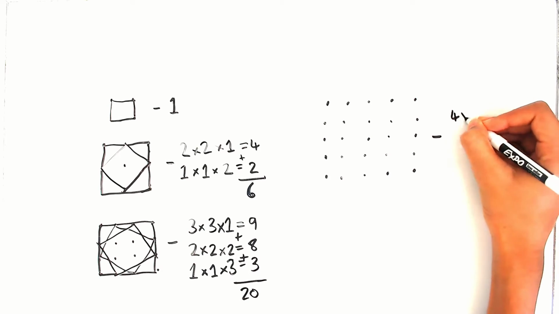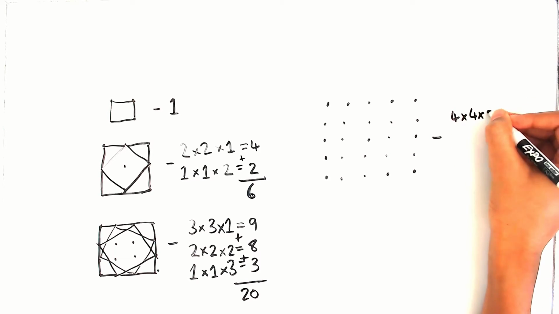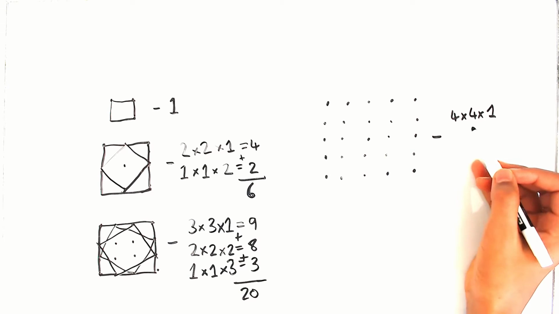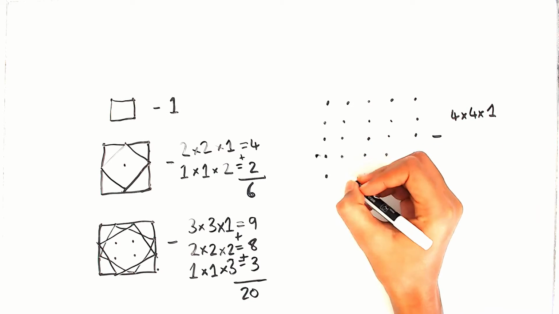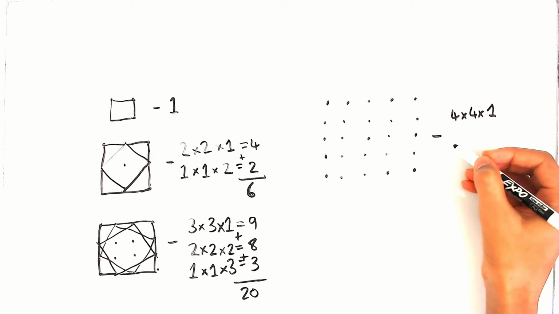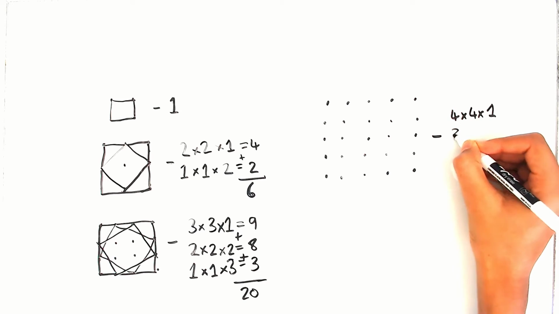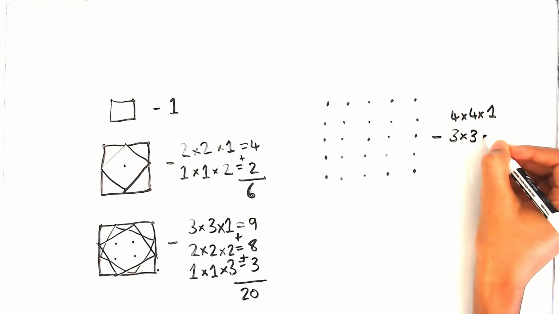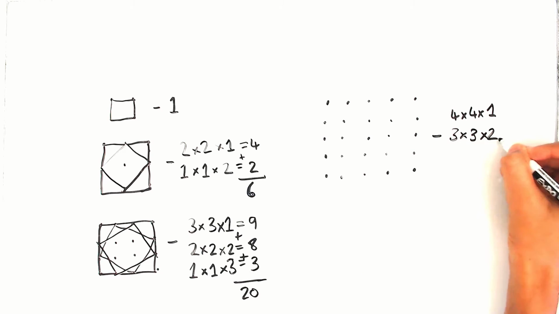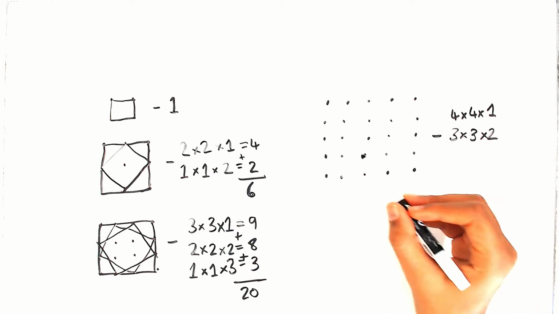So 4 times 4, and we can only make 1 in those. So now let's go with 3 by 3 dot squares. So I can make 1, 2, 3. So that also means 3 columns and 3 rows. And if we look back, we can actually make 2 in those.